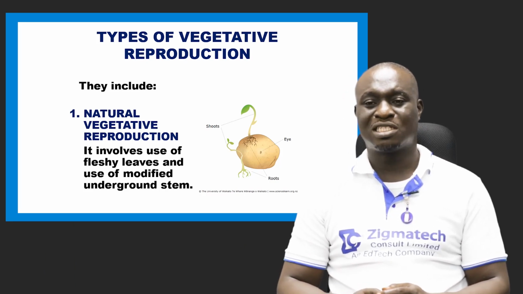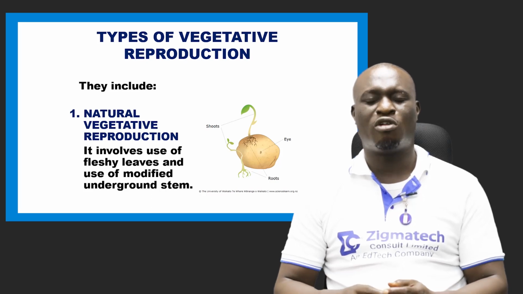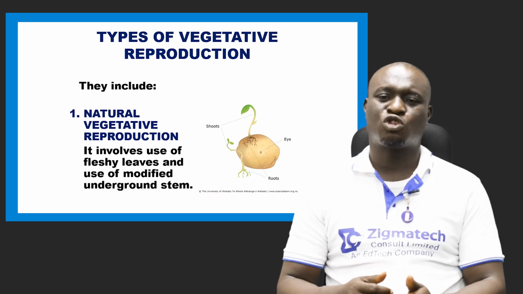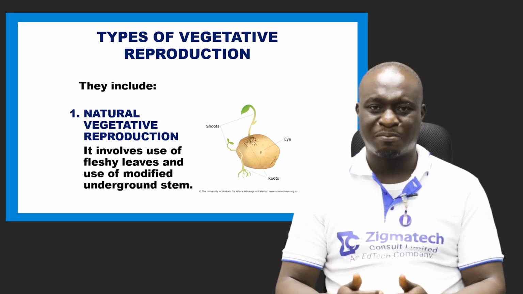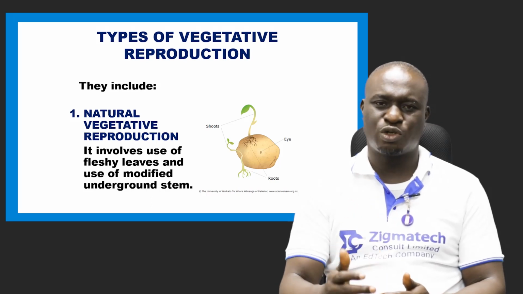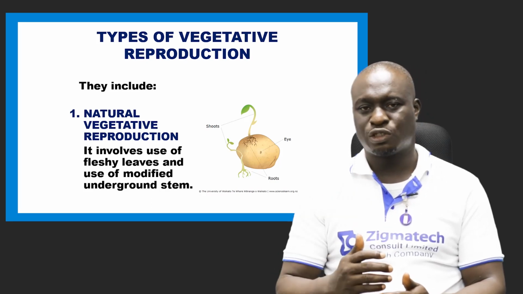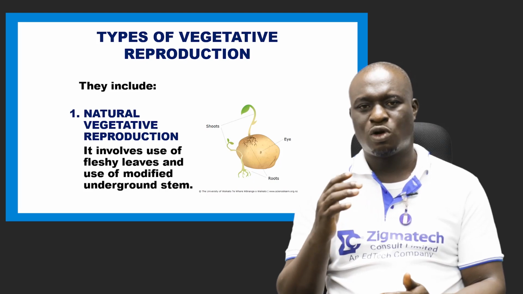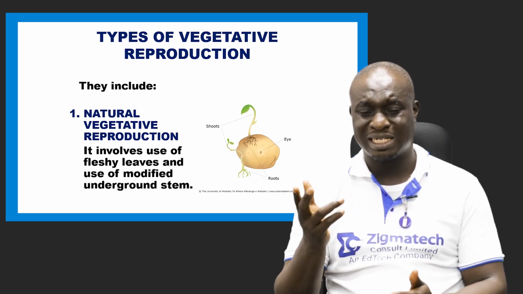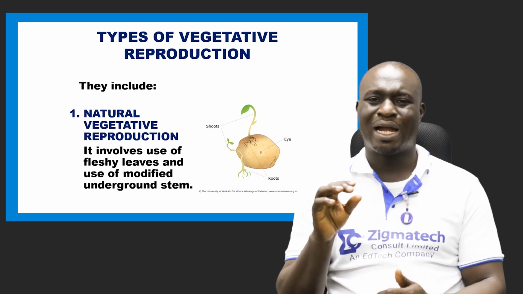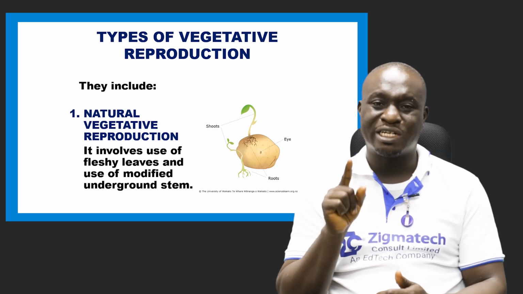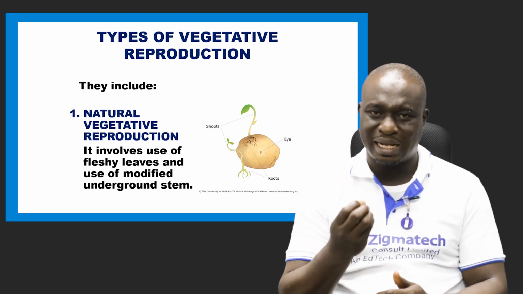Natural vegetative reproduction involves the use of fleshy leaves, where leaves are propagated, and also modified underground stems. If you go back to the WAEC 2023 past question, in the practical questions manual, you will see, I think, one of the specimens, I can't actually remember which, I think it should be either K or L, we have cocoyam. Cocoyam is a modified underground stem.